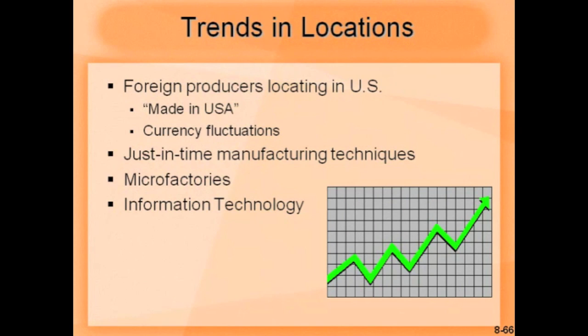Now, what are the latest trends in locations? Foreign producers locating in United States. This is occurring because of their specific needs within a company, and also because of the pressure provided by the government, especially on companies which were outsourcing jobs out of the US.